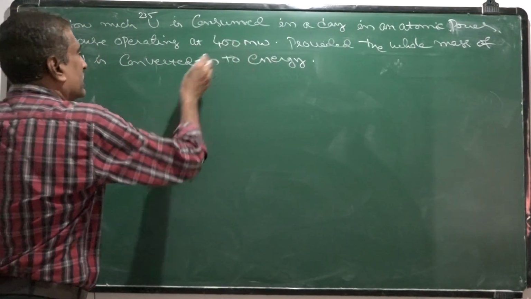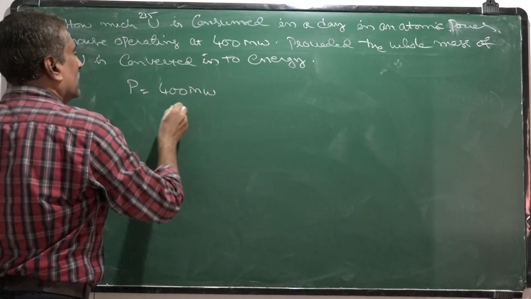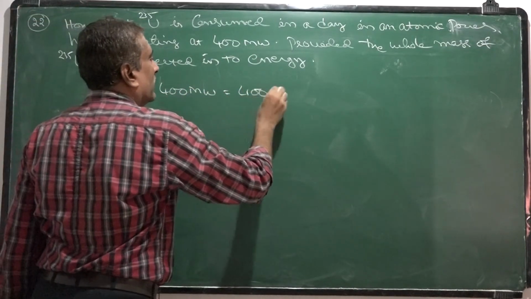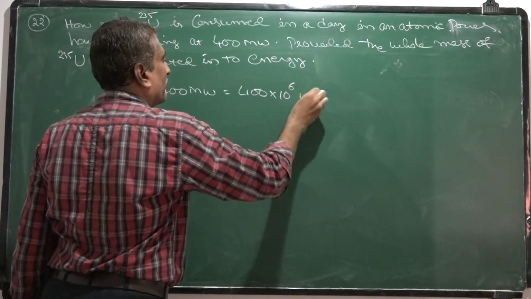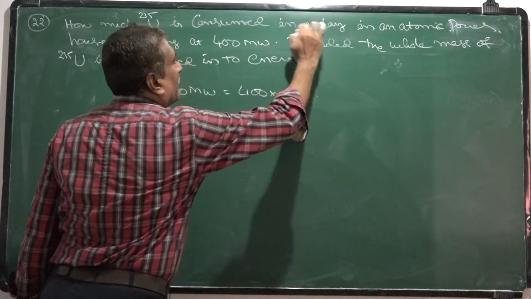So given power is 400 megawatt, that is 400 into 10 power 6 watt, and the time period is 1 day.